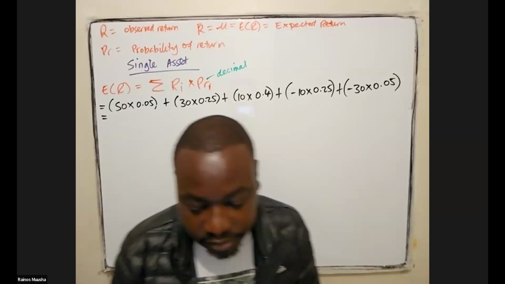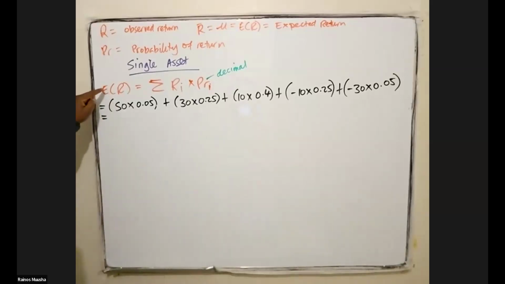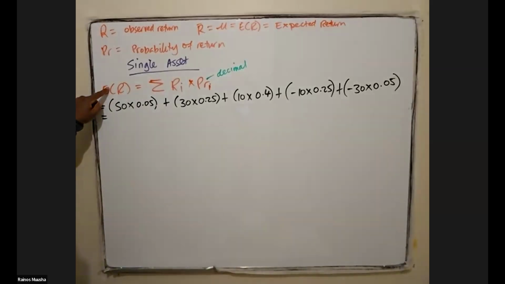So given this information, it means we are being asked to find the expected return. Can you do the calculation of the expected return and let's see how much you get?